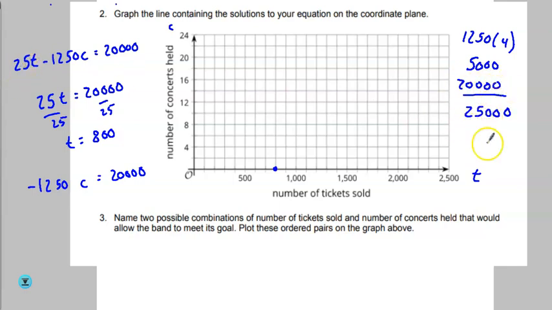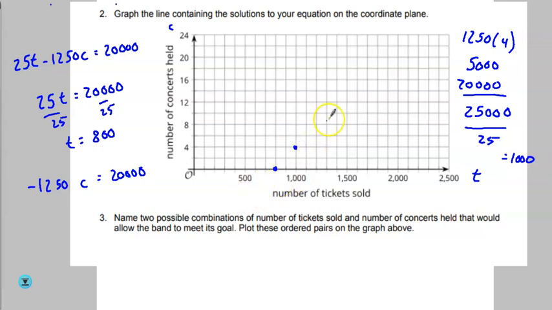So every ticket costs $25, $25,000 divided by 25 means you're going to have to sell 1,000 tickets. So if you have 4 concerts, you need to sell 1,000 tickets. So that's that point there.